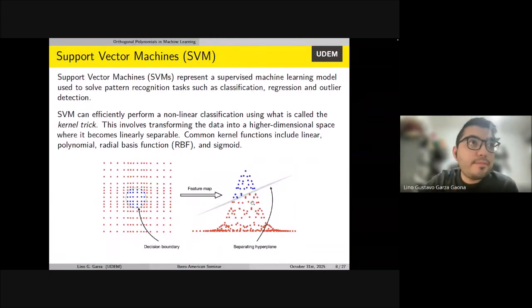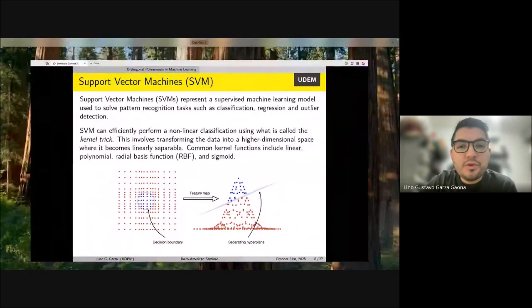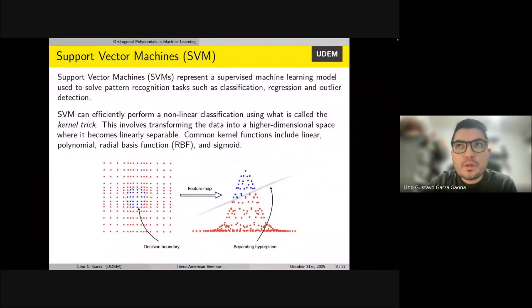This gives you less computational cost, and you don't have to explicitly compute the transformation of this point to that higher dimensional space.